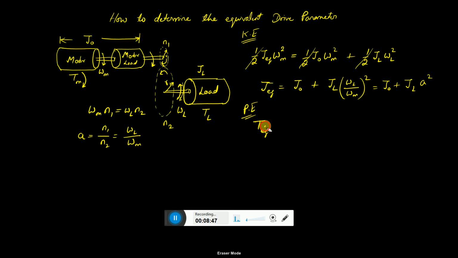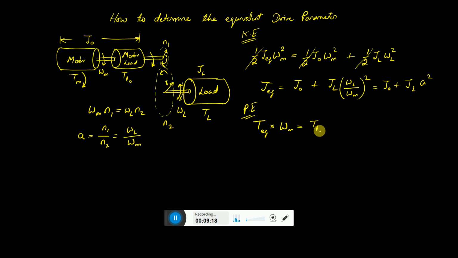Let us say T equivalent, referred to the motor end, and omega_m is the speed of the motor. Correct. So T equivalent into omega_m is equal to the motor's own load. The motor is also a load, it has a load torque. Let us say T_L0 is the load of the motor.